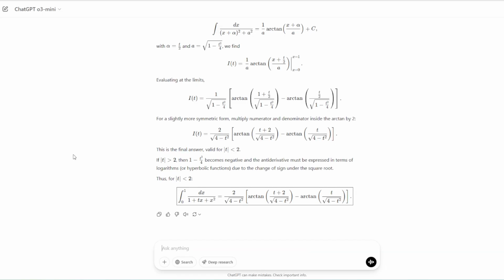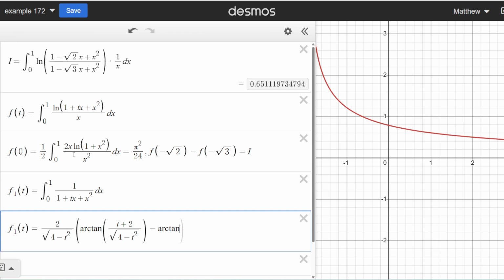And then, let's see, minus arctangent of t over that. Yeah, there we go. All right, so that's our f prime of t.